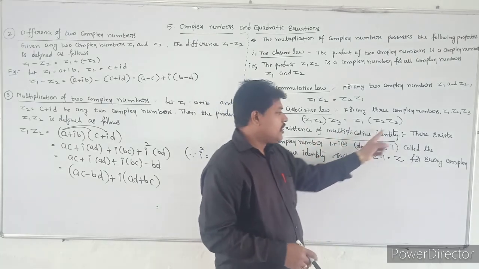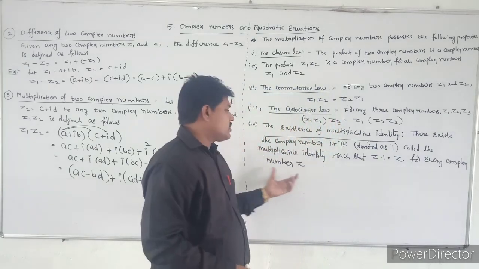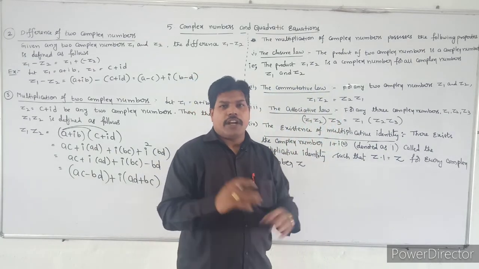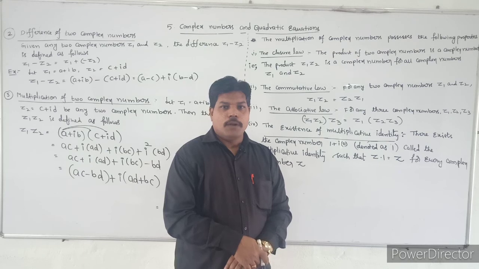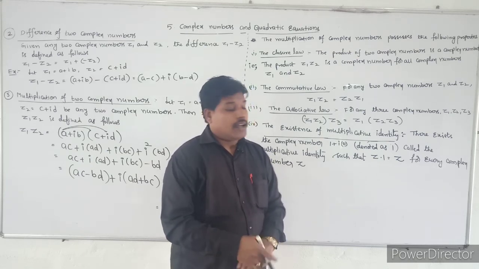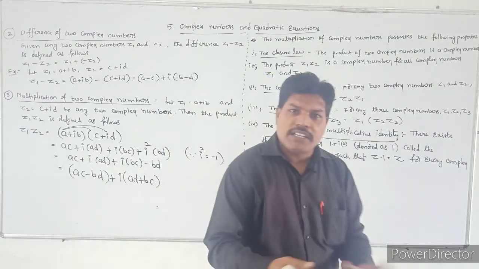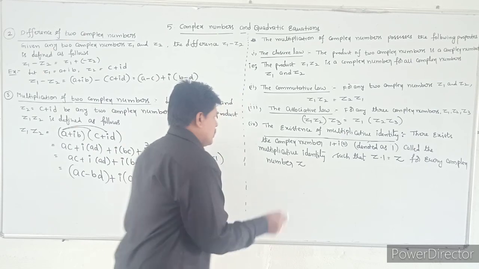The existence of the multiplicative identity: for any complex number Z, you can take any number here. For example, what is the multiplicative identity for 3 plus 4i? That is nothing but 1 plus i into 0.